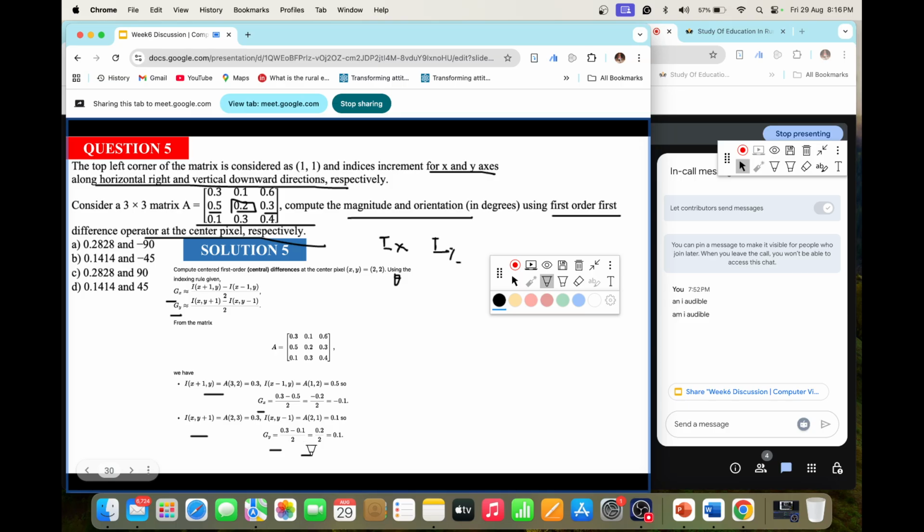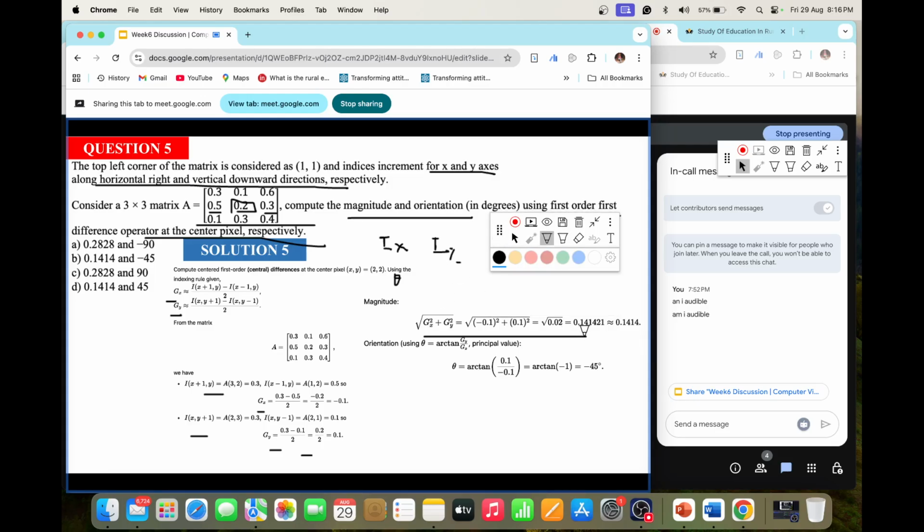Similarly, you can calculate the Gy, and magnitude is easy, that is coming at 0.1414, and then you can calculate the theta, that is tan inverse Gy by Gx. So that is how you can do it. Very easy. So is this clear to all of you?